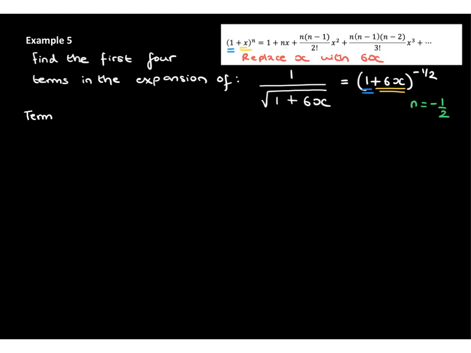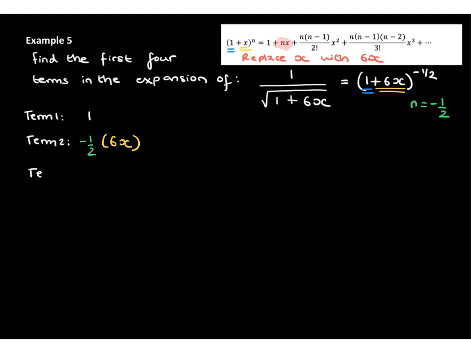So let's start listing our terms. So term 1, here it is, it's just 1. Term 2 is of course equal to nx, so that's negative a half multiplied by x, but of course x is being replaced by 6x here.